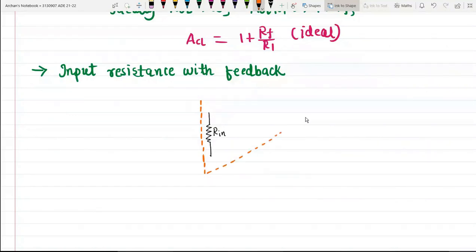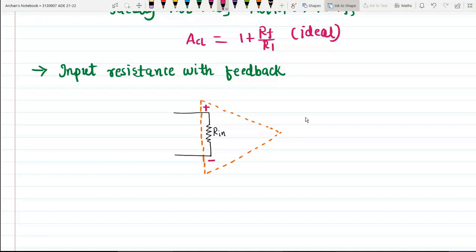This is my operational amplifier, and between the two terminals, let us say this is my non-inverting terminal and this one is the inverting terminal.